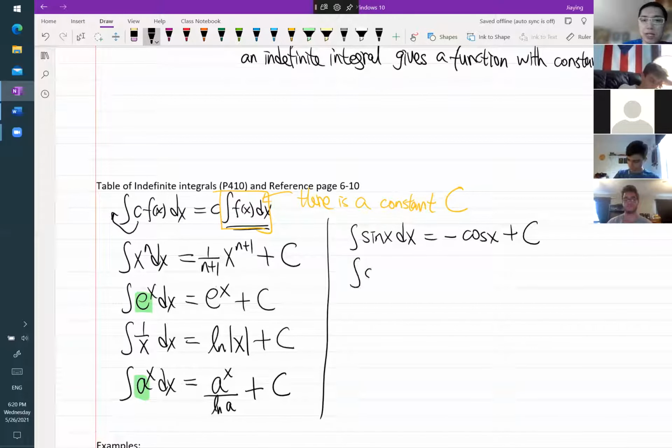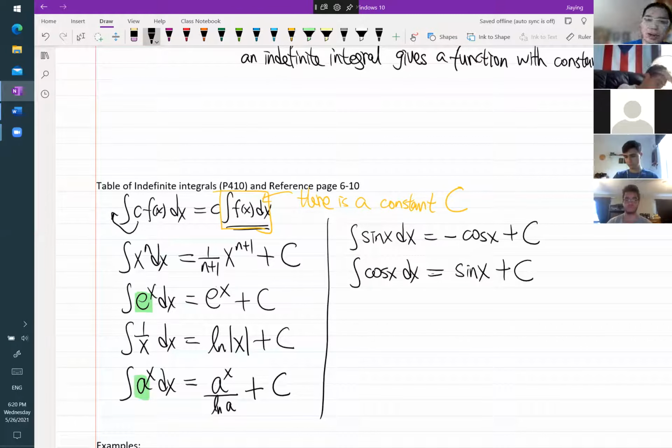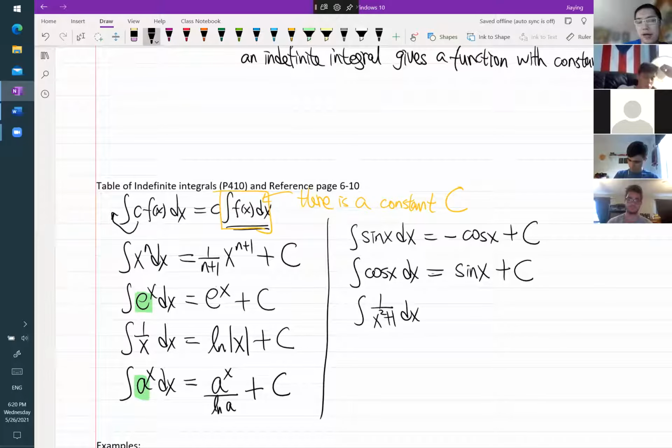If we're integrating cosine x dx, we end up with just positive sine x plus a constant c. And we also saw this last time, the integral of 1 over x squared plus 1 dx gave us inverse tangent of x plus a constant.